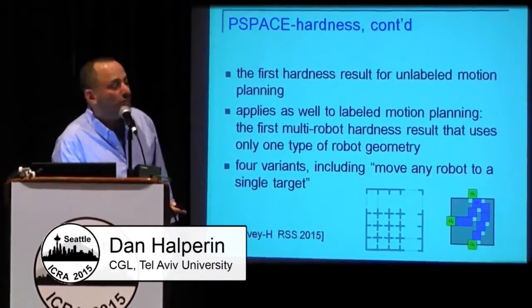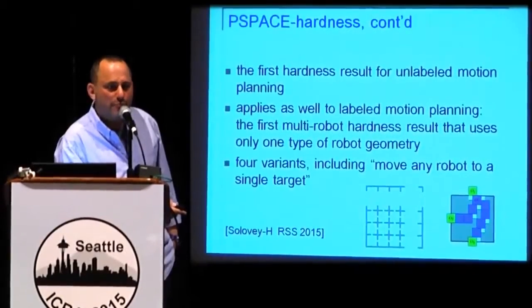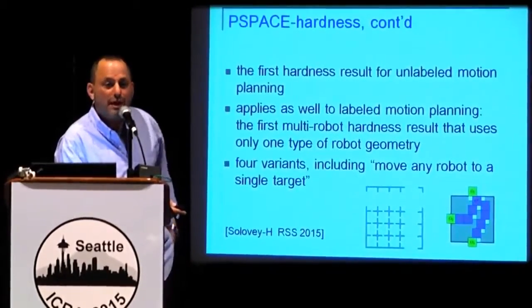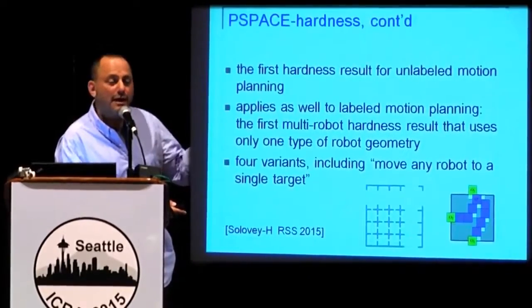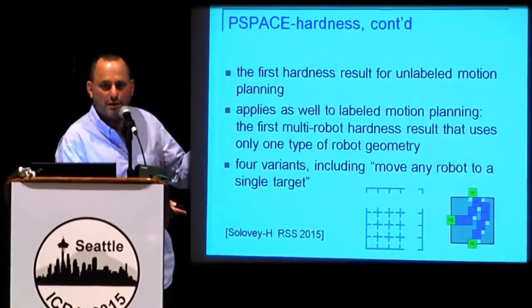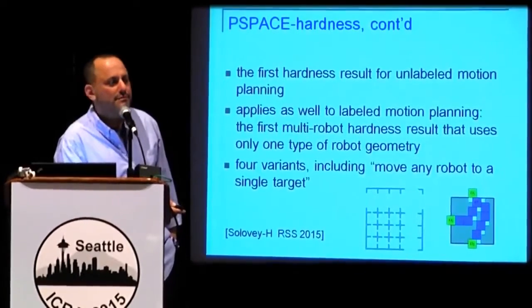We prove hardness for 4 different variants of the unlabeled motion planning, and one of them is: I give you M identical robots, I give you one target, and I ask you to move any robot that you wish to this target. Even this problem is PSPACE-hard.